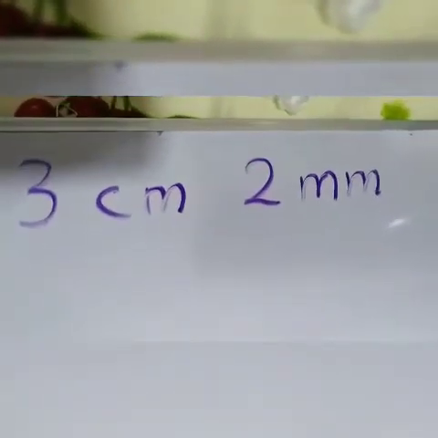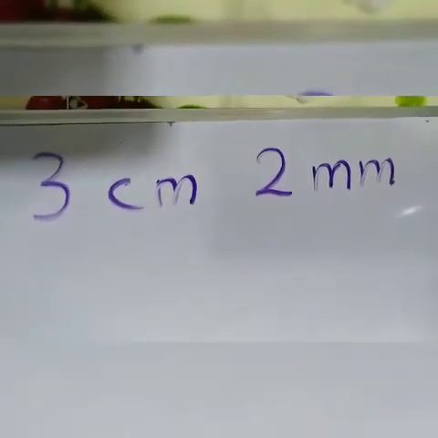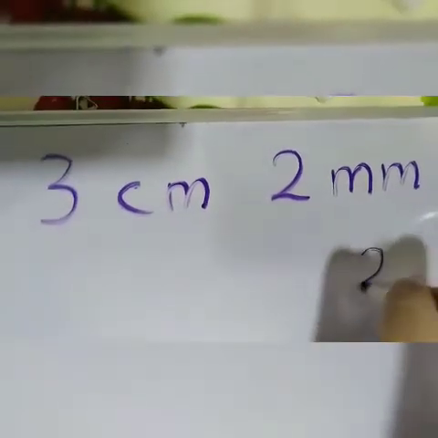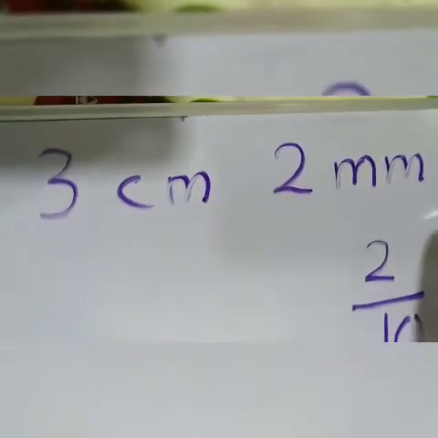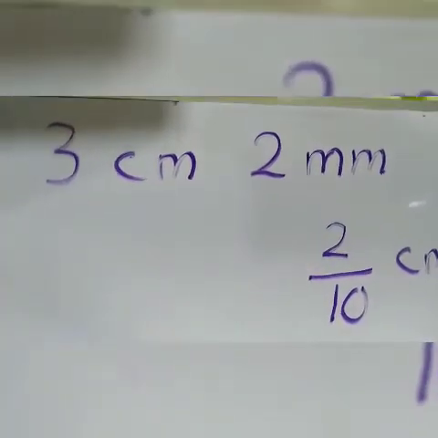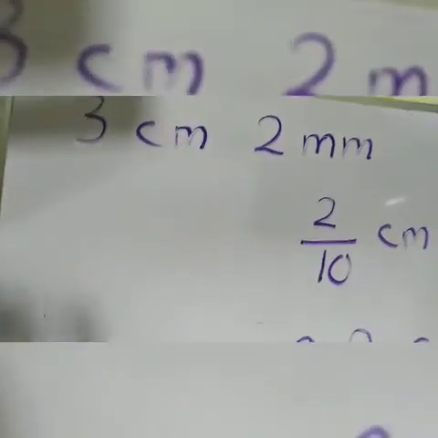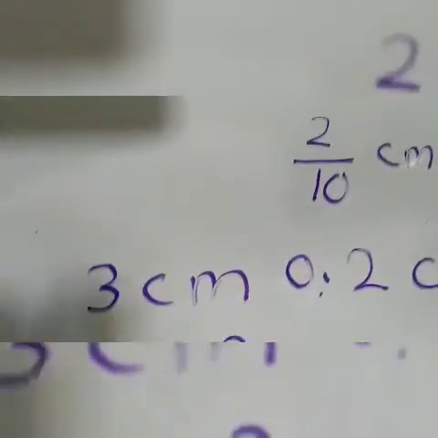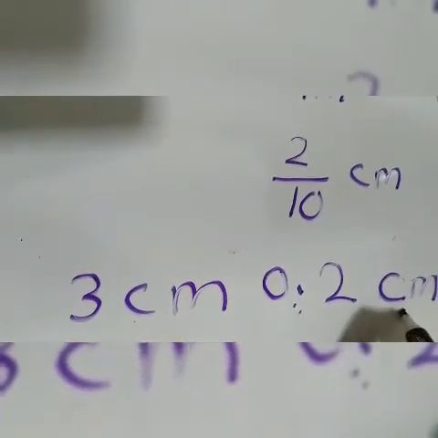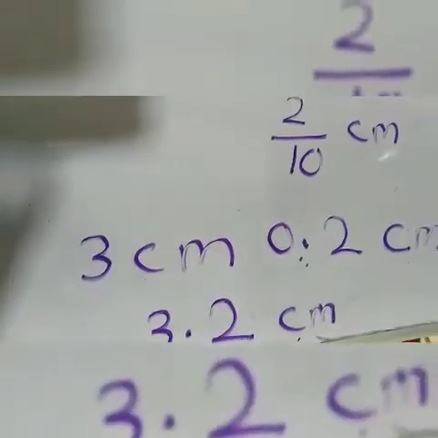We can write 3 centimeters, 2 millimeters using decimals in the same way. We say that 2 millimeters equal 2/10 centimeters. And we can write 2/10 as 0.2. So 3 centimeters, 2 millimeters will become 3 centimeters, 0.2 centimeters, which equals 3.2 centimeters.